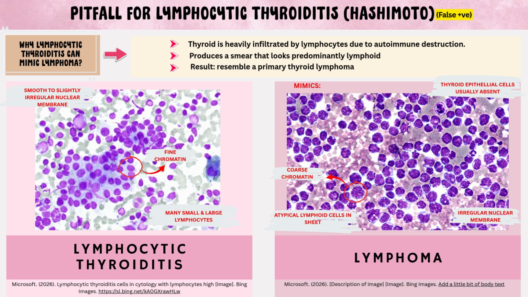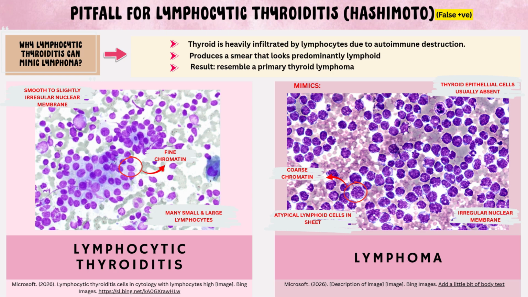On the left, in lymphocytic thyroiditis, we see a mixed population of small and large lymphocytes with fine chromatin and relatively smooth, only slightly irregular nuclear membranes. Residual thyroid epithelial cells may still be present.